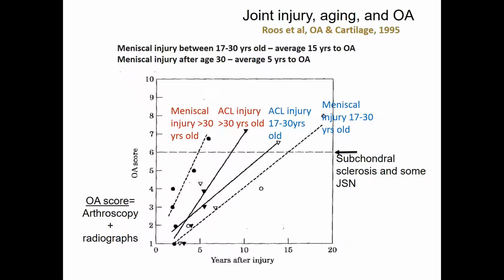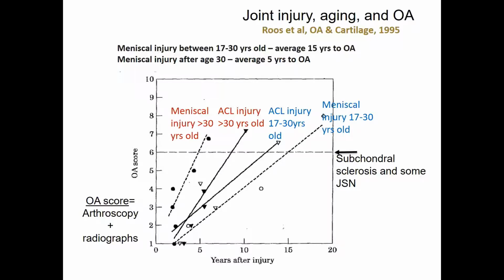These were people that had radiographic evidence of osteoarthritis with sclerosis and some joint space narrowing. So basically what you can see in red, if you have your joint injury at an older age, greater than 30, which is not very old, you develop OA much more rapidly than if you have your joint injury at a younger age, which is the blue side here.